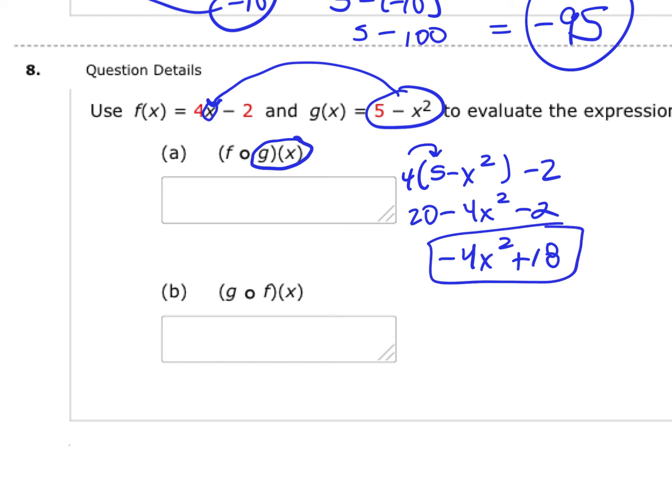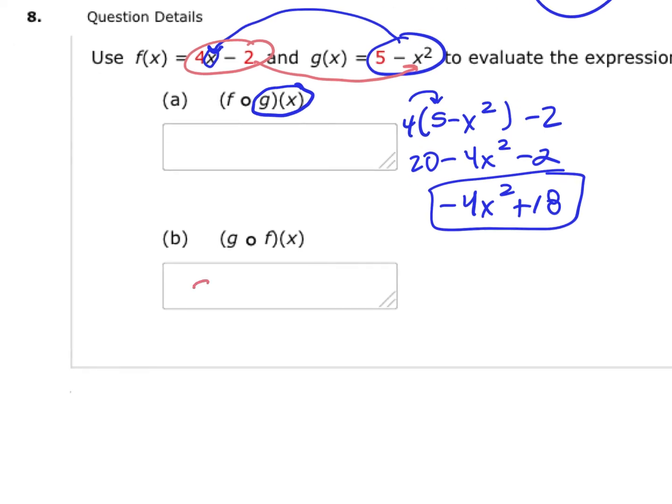Yeah? Okay, good. Now the second one, it's using the same letters, the same functions, but am I going to get the same answer? Why not? We're doing something different. We're taking this f function and plugging it in where the x is in the g function.